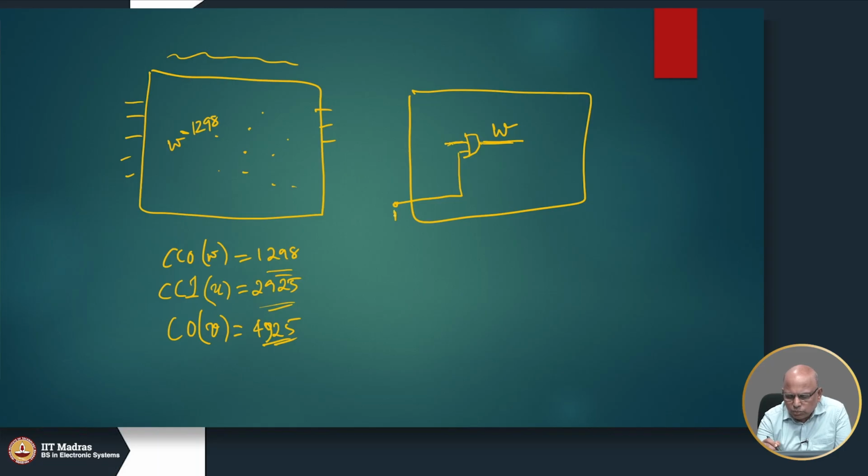If I make this 1, W has not changed, the functionality of the circuit has not changed. 1 dot the old W is W only, but if I change it to 0, then this suddenly becomes 0. So, I can control this to 0 very easily. So, for the purpose of testing, if I want to improve the 0 controllability of this line, I can give an additional input.